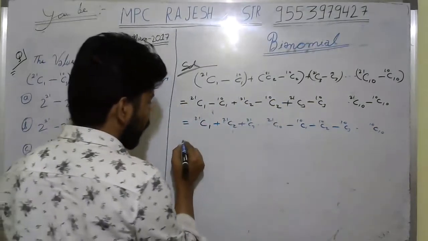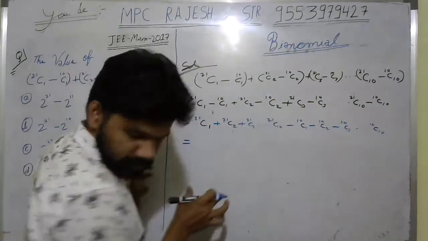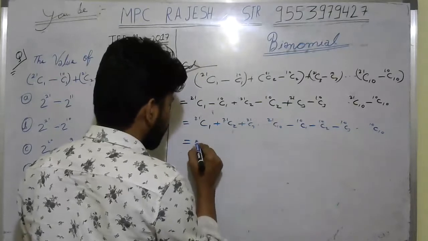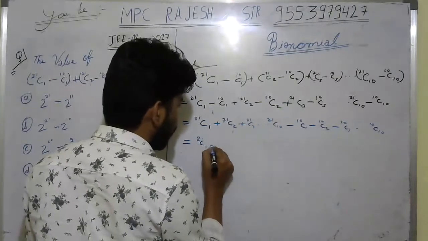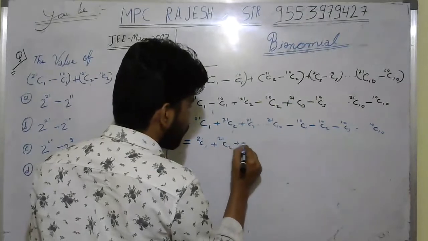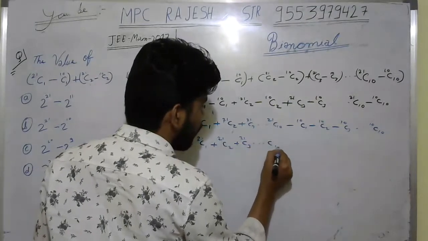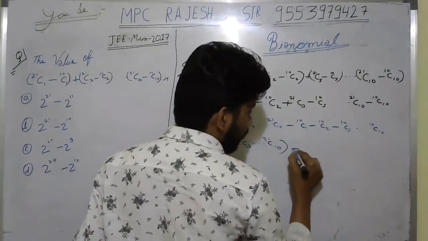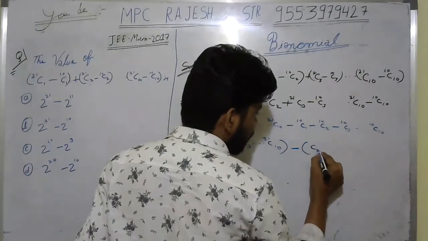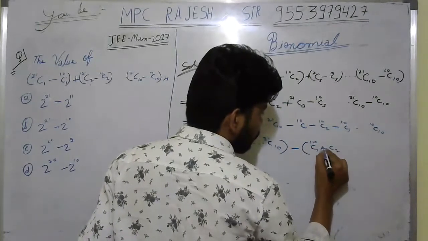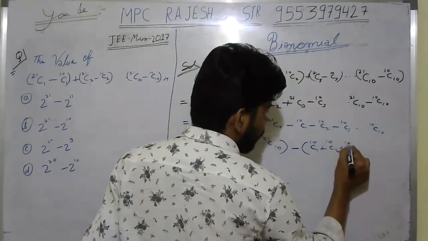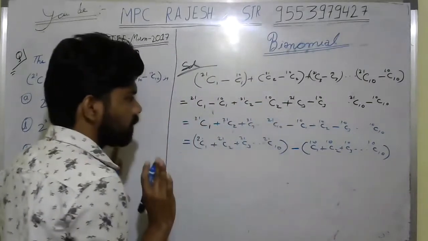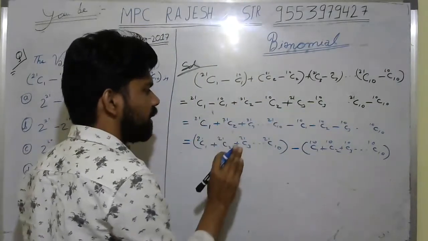Okay, arrange it now. We just write C(21,1) plus C(21,2) plus C(21,3) up to C(21,10). Here all are minus, meaning we took the minus outside, and inside it becomes all positive. This is just an 8th class mathematics operation we are doing.